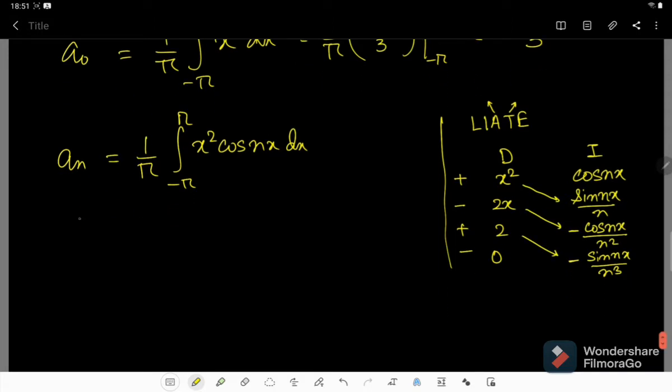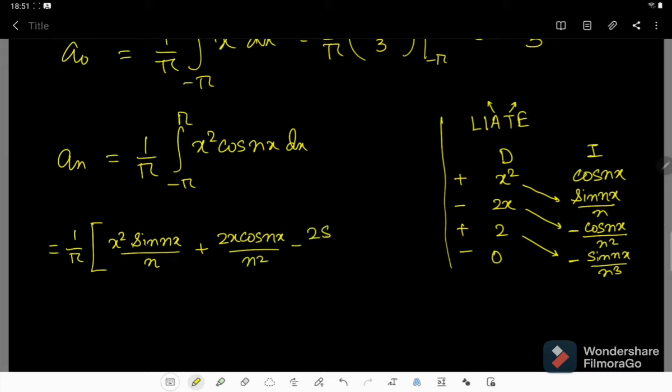So this would be equal to x square sin nx by n plus 2x cos nx by n square minus 2 sin nx by n cube.